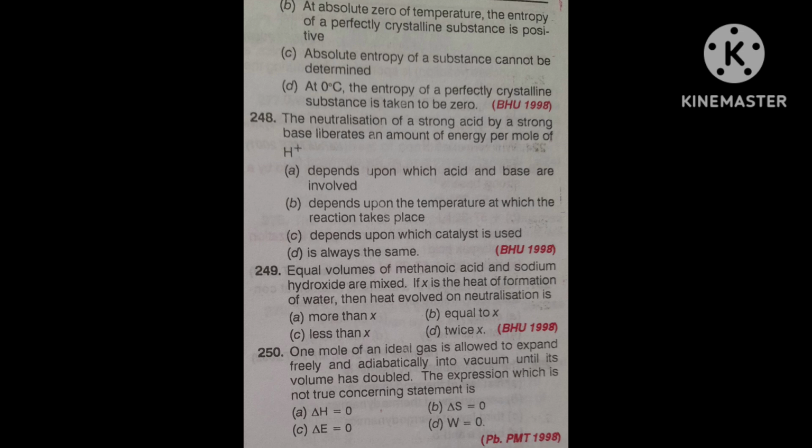Why? Just listen to the explanation. When a gas is compressed, its entropy decreases, that is, delta S is negative. When you go from low pressure to high pressure, 8 atm means pressure is high. In the beginning it was only 1 atm, now 8 atmospheric pressure. Then it will become more ordered because of high pressure.